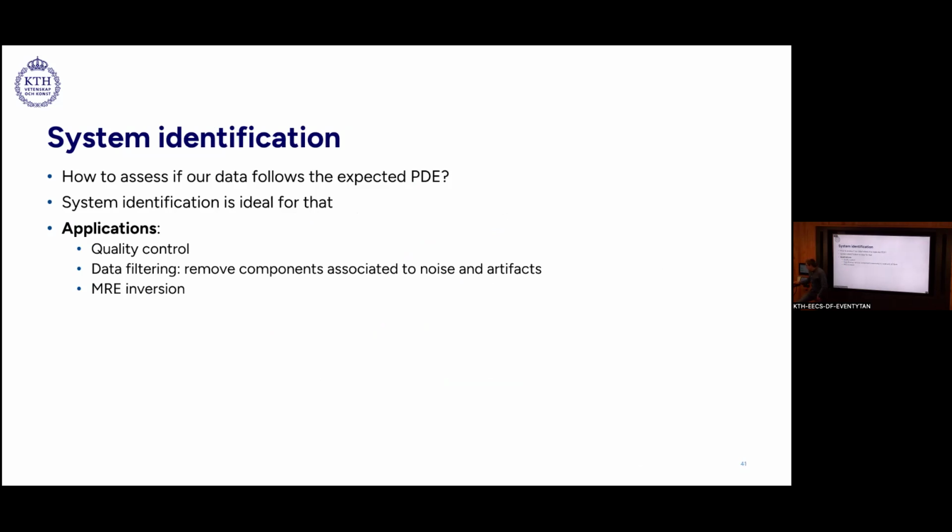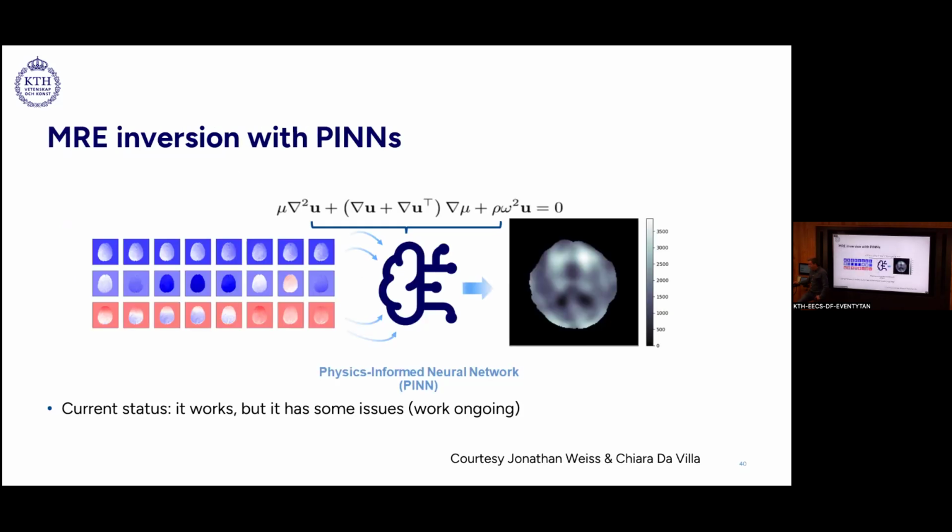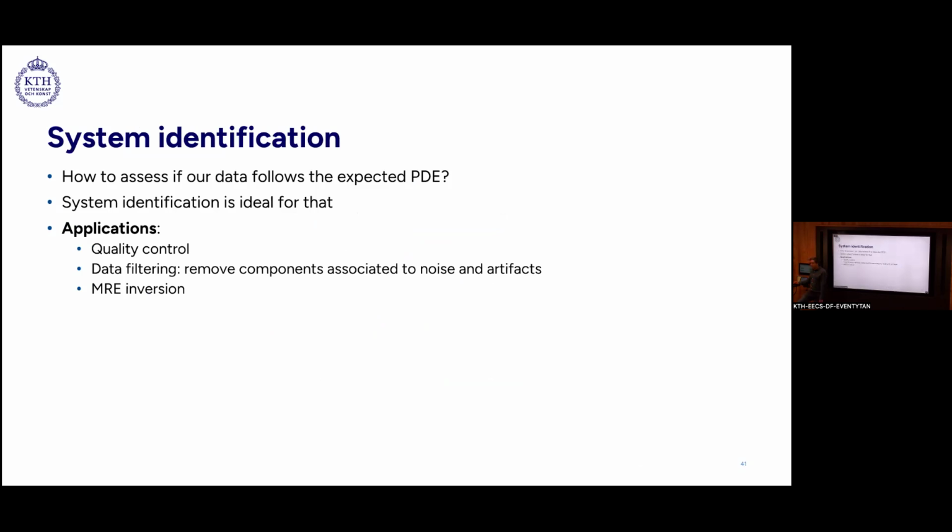So then there is another idea for this, which is system identification. The idea is just to learn the PDE. Instead of having to put in the PDE, what if the quality of the data was bad? Maybe it's not following the PDE anymore. So is it possible to learn this PDE from the data?